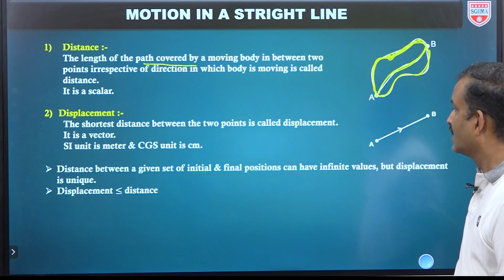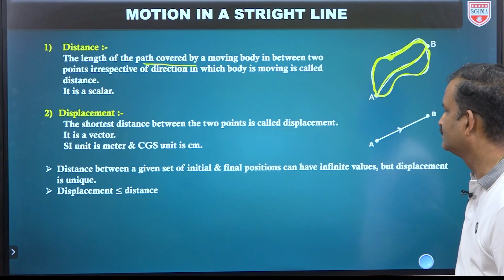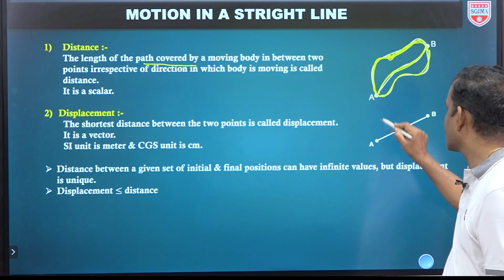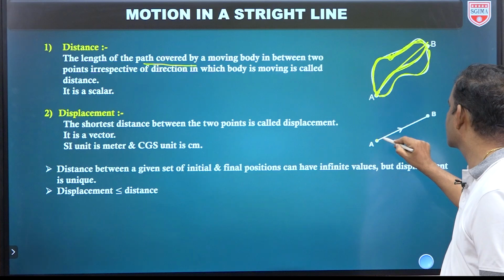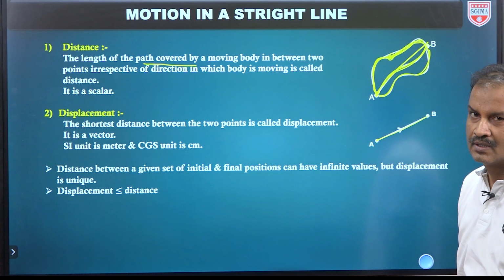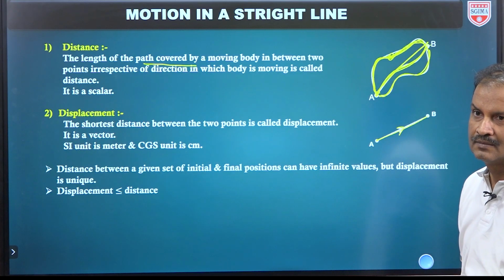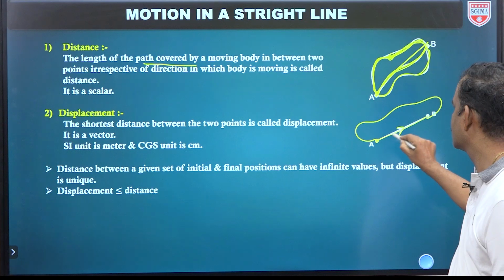Displacement: the shortest distance between the 2 points. Between A and B, this is the shortest distance. It has a particular direction. Suppose the body is going in this way, but displacement is this one.